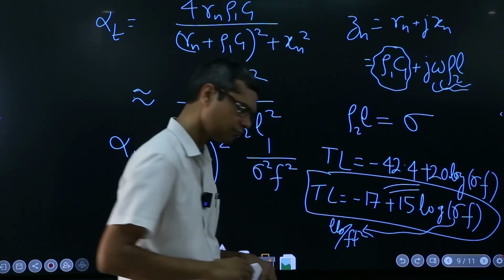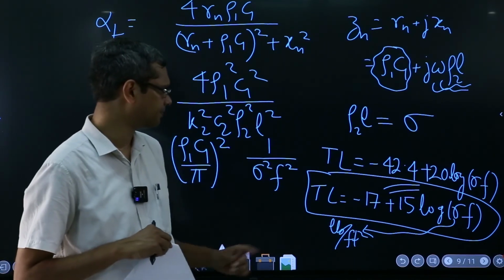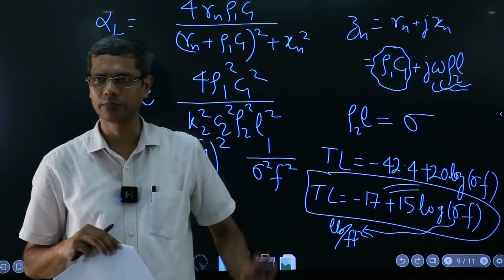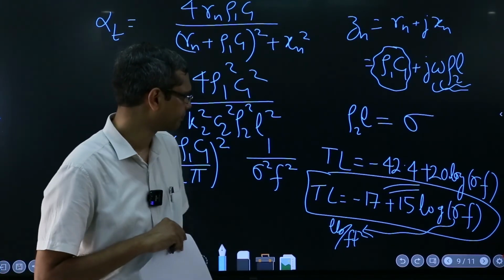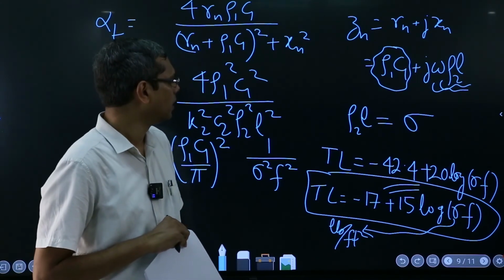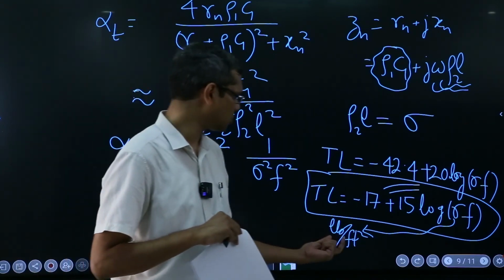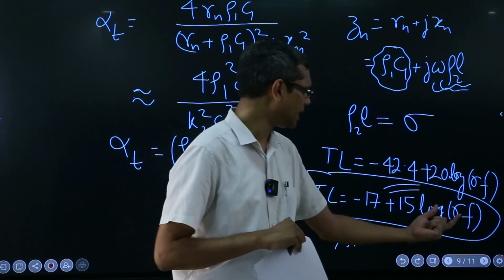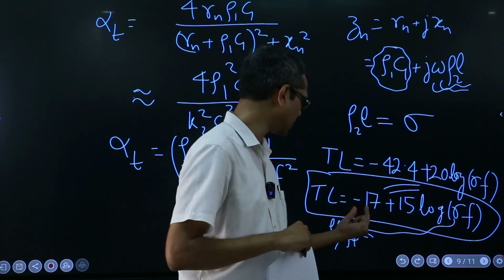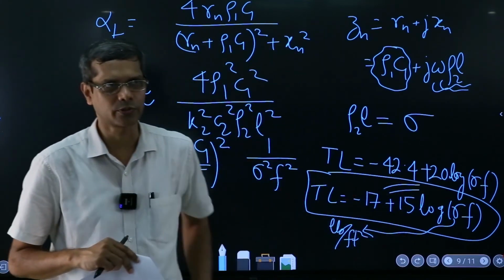Okay, you have to be careful with this sigma. You can convert this if you want for kg per meter square. You just use the conversion factor here, take that 15 times log that you take out, you can get it in kg per meter square also.